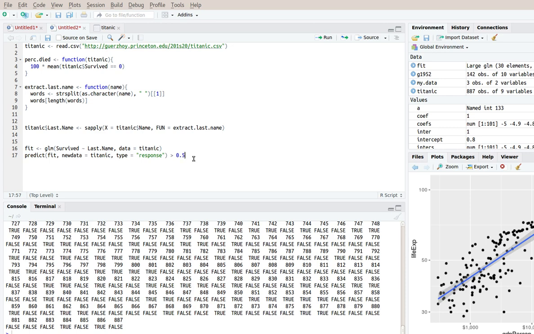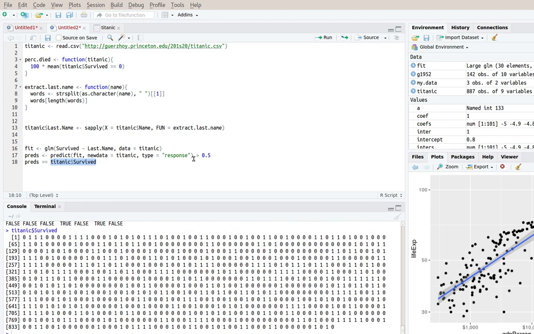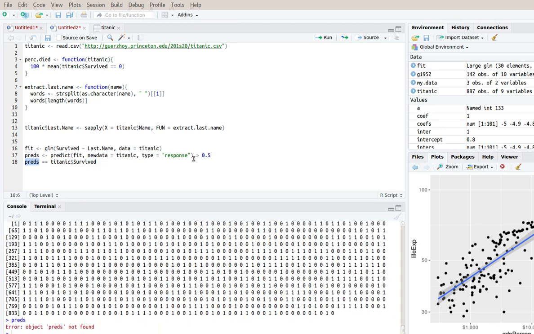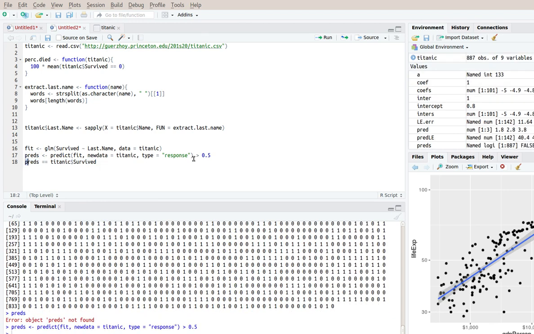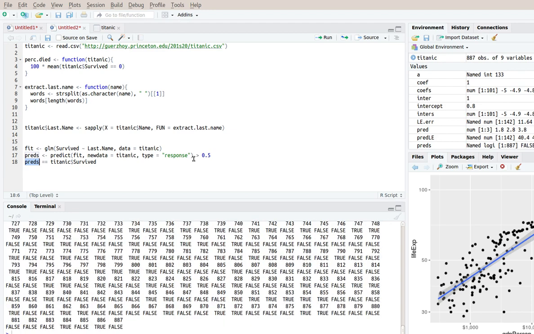So now we can say, okay, those are the predictions, and we want to know how often those predictions match what actually happened. So we can say preds is equal to Titanic$survived. That's ones and zeros; trues convert to 1, falses convert to 0.